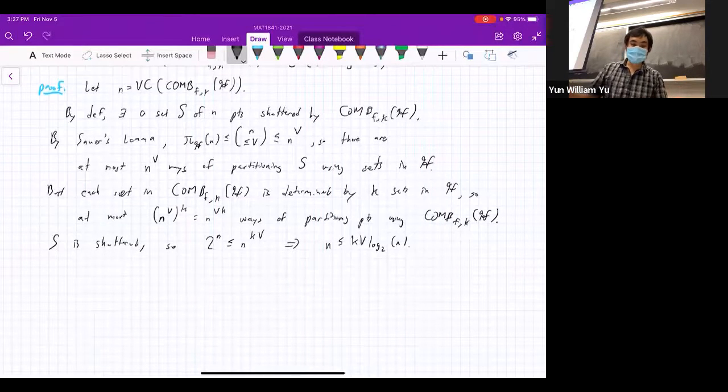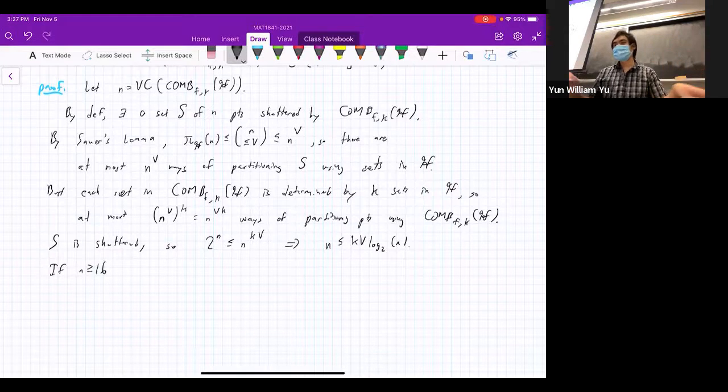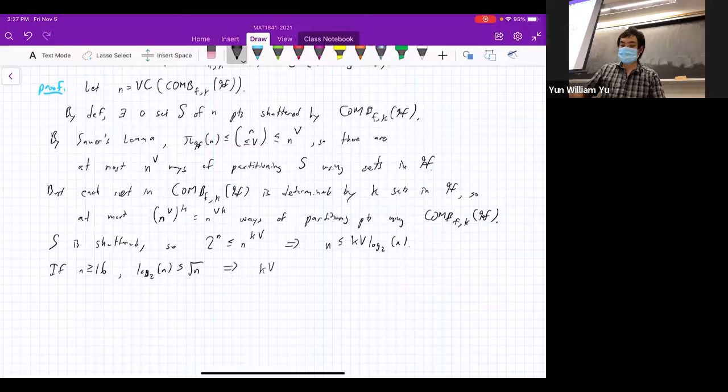And we're going to say that if n is greater than or equal to 16, so if it's less than that, then this doesn't quite hold, but we're only talking about asymptotics, so it doesn't matter. So if n is greater than or equal to 16, then we note that log base 2 of n is less than or equal to root n. And when plugging that back in, that implies that kv log 2 of n is less than or equal to kv times root n, which implies that n is less than or equal to kv root n, which implies that n is less than or equal to (kv) squared.